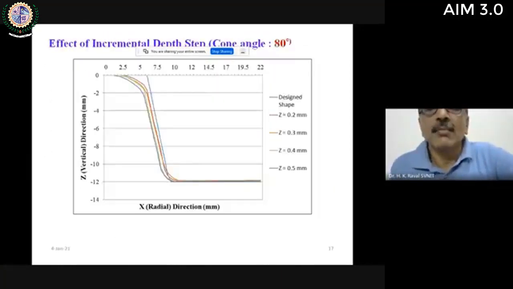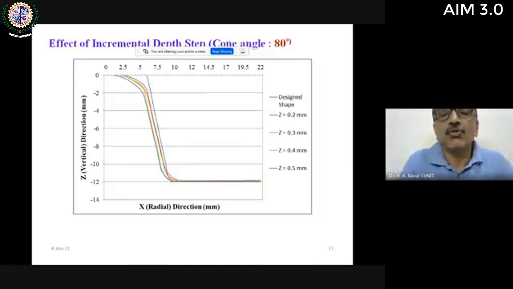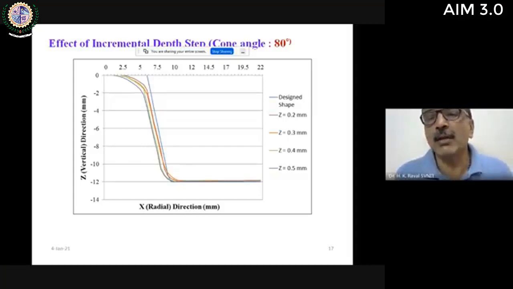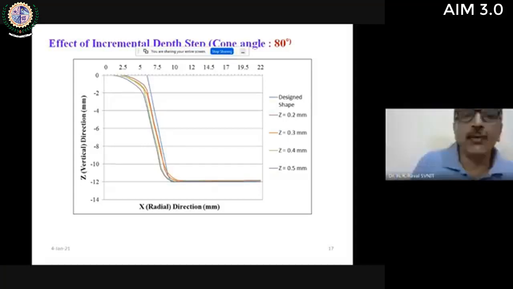Similarly, one more study is done to understand the shape generated after forming. Here again, the study is done for different values of Z, and this cup shape is measured with respect to the design or target shape. The blue line, if you follow the cursor, is the shape of the cup which is to be formed.